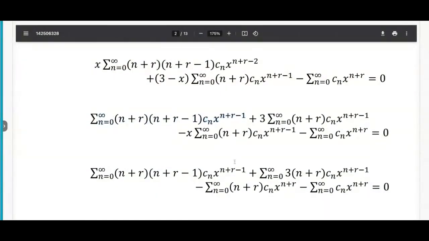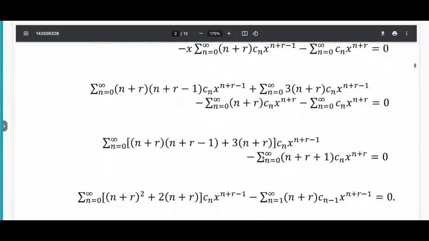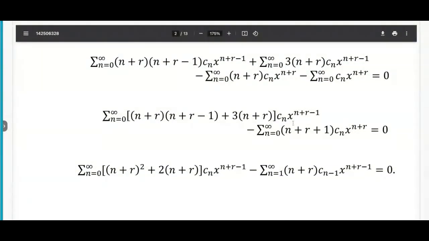We simplify. We're trying to match up the same degree, the same exponent of x. And in the end, we get this one to be the coefficient of x raised to n plus r minus 1, and this one is the coefficient of the variable with n plus r.